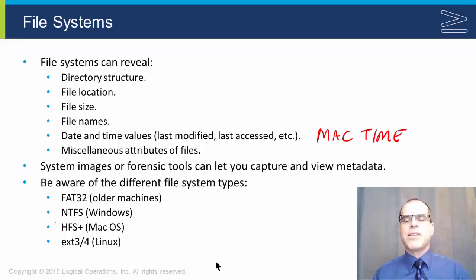Now, we can't take them as absolute truth because, of course, they can be modified, and we do need to understand that various different operating systems record these in different ways. And even during our investigation, we need to understand how the tools that we use might impact or affect those MAC times. And so we have to take that into account during our investigation.